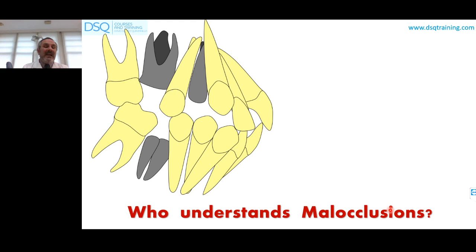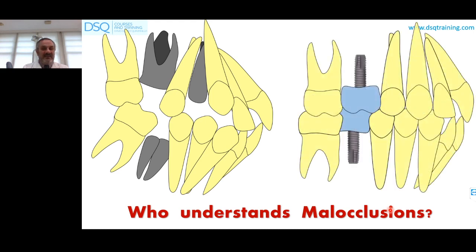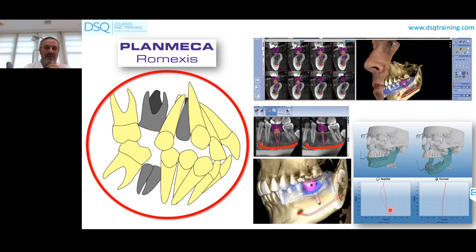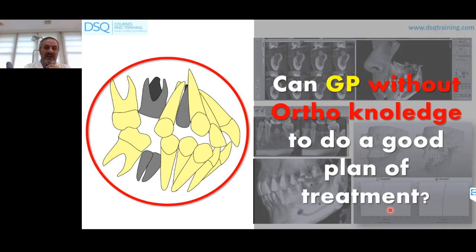What is the ideal treatment for this patient? It's very simple. The ideal treatment is this: the straightening of the molars and premolars, and to close the space and extract the premolars and the rest of the roots of the molars. One question for the future: can the general practitioner, the dentist, without orthodontic knowledge, do a good plan of treatment?